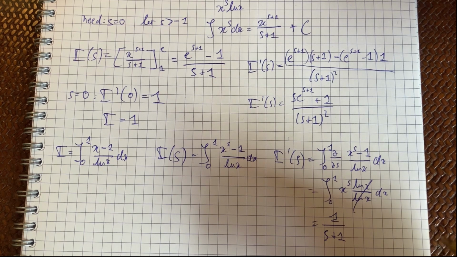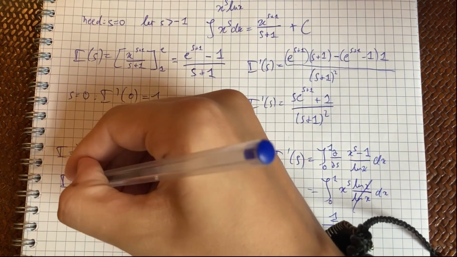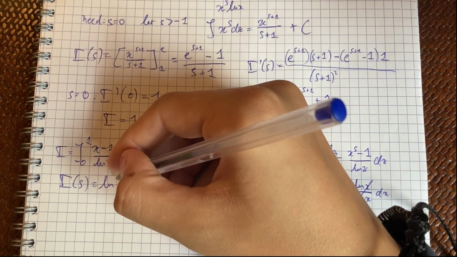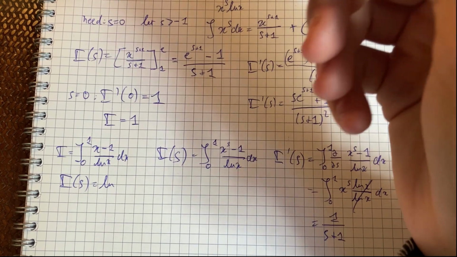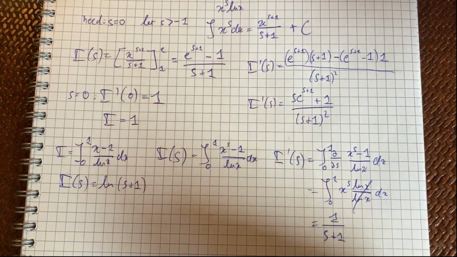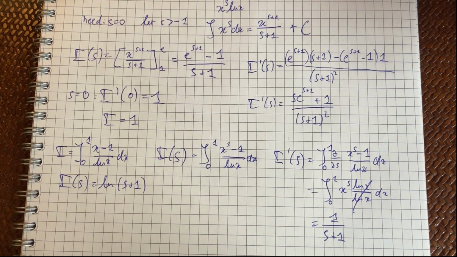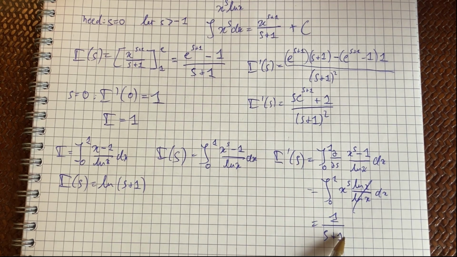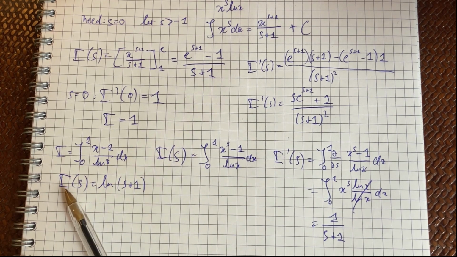We can integrate in order to get back our I of s. I of s equals the integral, not the integral, I mean, equals log of s plus 1. But wait, here we have our expression I prime of s, which is 1 by s plus 1, and now we're taking the entire antiderivative to get back I of s.